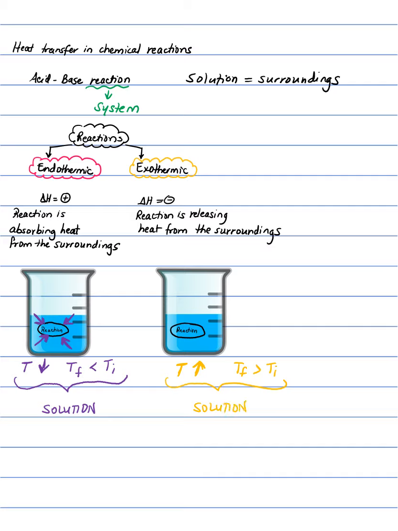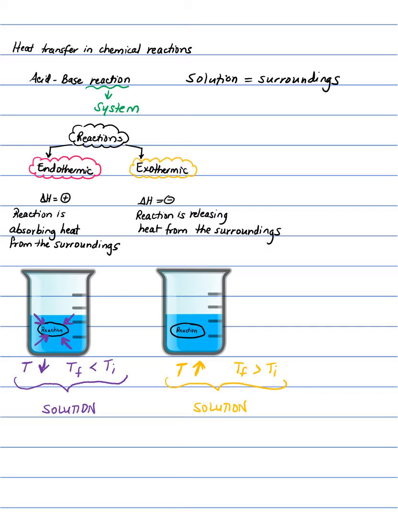So for endothermic reactions, the final temperature of your solution will be smaller than the initial temperature. So you do have a negative sign for that change in temperature for the heat of the solution. Okay? Your reaction is absorbing heat. So that heat is going into the reaction. So for the exothermic, you have a final temperature that is higher than the initial temperature because your reaction is releasing heat that is going into the solution.